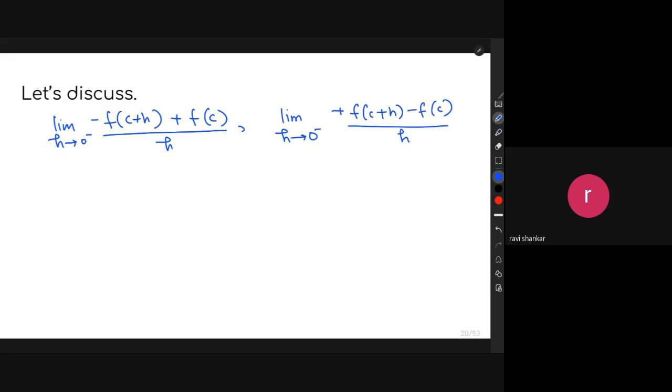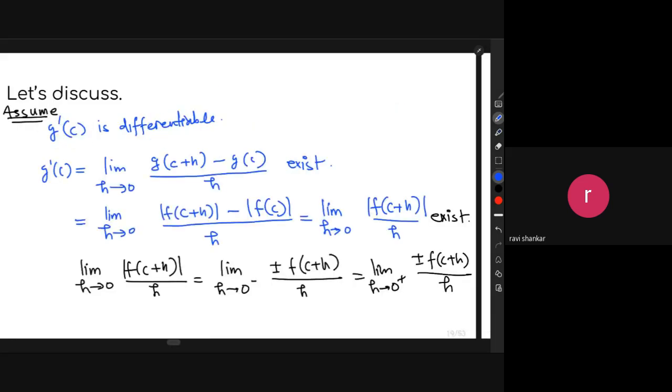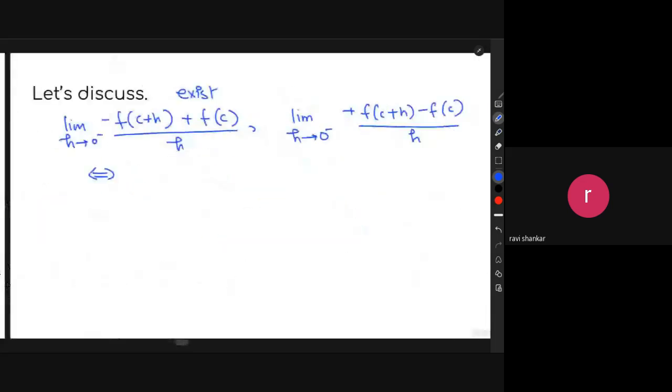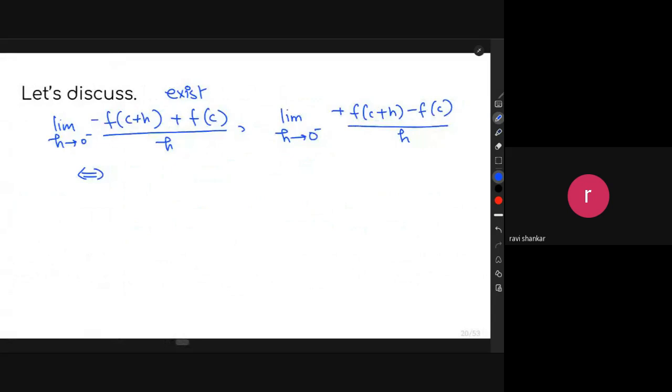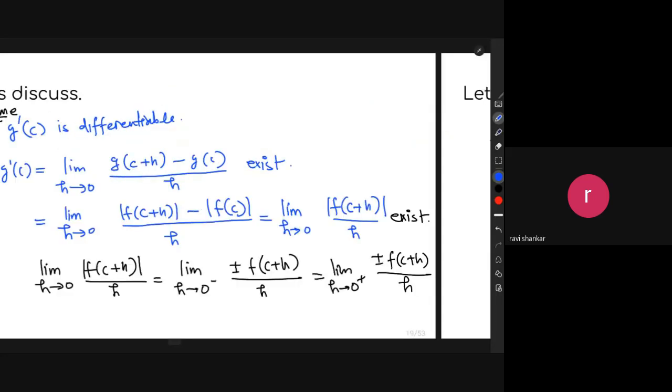So in either of the cases it makes sense, because f of c is 0. And we know that this limit exists from the assumption that g is differentiable, which implies that f prime at c exists, because this is equivalent to f prime of c.